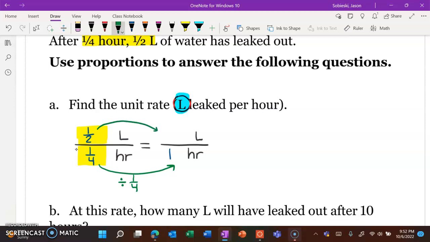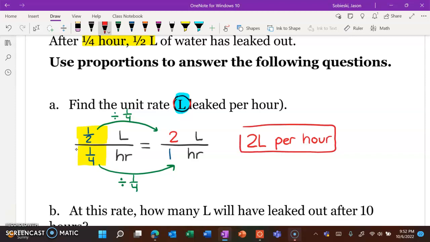Then, if you do that to the denominator, you must also do that to the numerator. 1/2 divided by 1/4 should give us an answer of 2. So 2 liters leaked per hour. And maybe I'll even write that over here. And there we go.